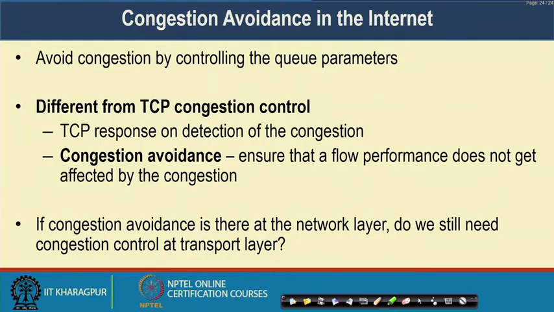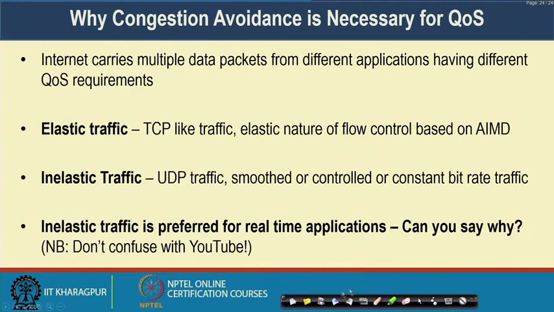Now, we look into another interesting concept which we call congestion avoidance in the internet. As we have discussed earlier, TCP does not avoid congestion. What it does is that whenever congestion occurs in the network, it responds on detection of the congestion.